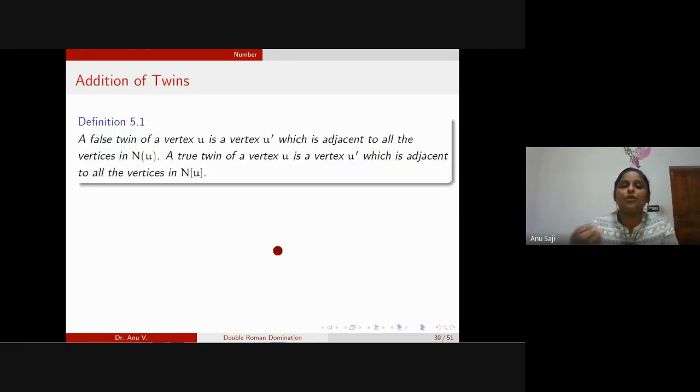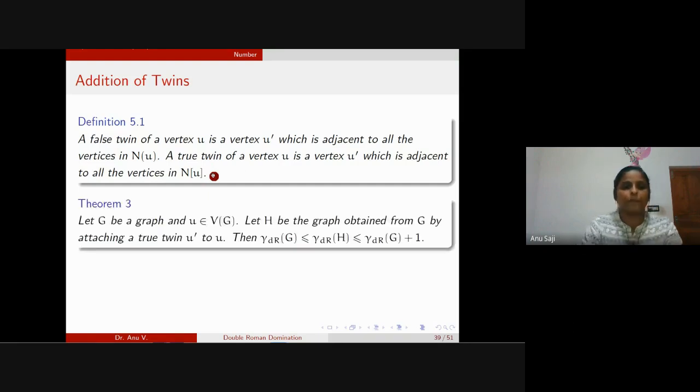Now, addition of a twin vertex. There are two types of twin vertices. A false twin of a vertex u is a vertex u' which is adjacent to all the neighbors of u. And a true twin of a vertex u is a vertex u' which is adjacent to u and its neighbors, that is, the closed neighborhood of u.